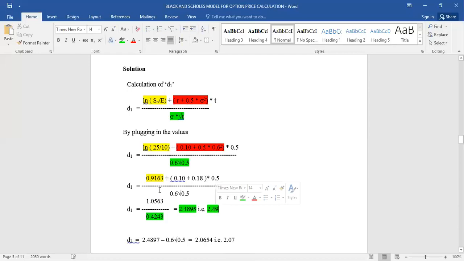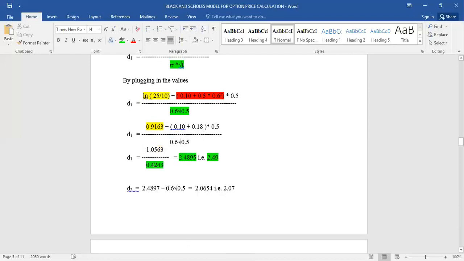Now once we have D1, the second step is to calculate D2. D2 is simple.